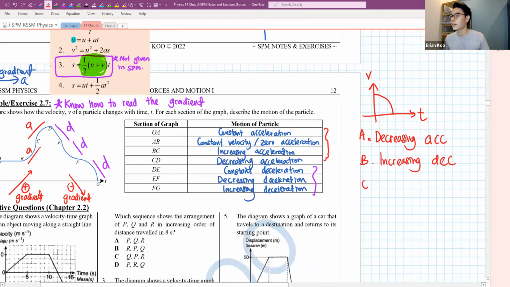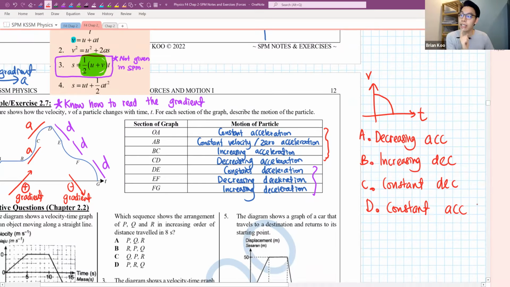C, maybe they say constant deceleration. D, decreasing or maybe constant acceleration. So A, B, C, D, which one is your answer?